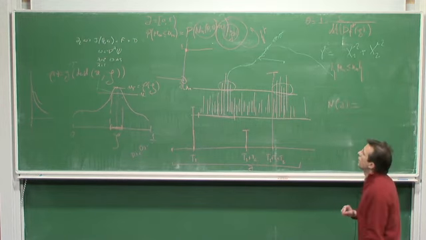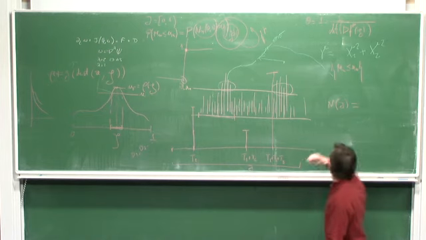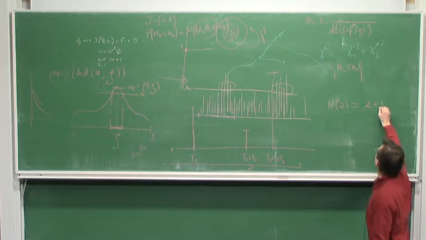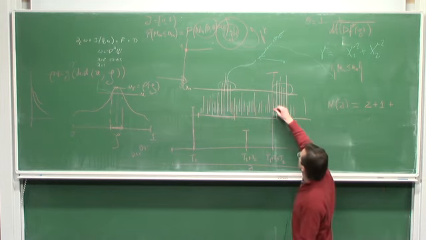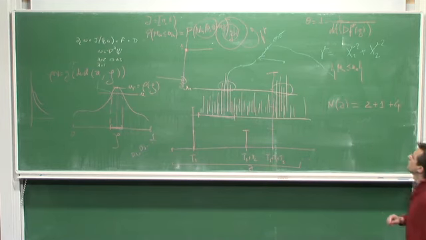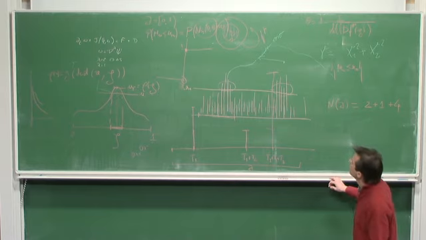N of j would be, well, there are 3 occurrences. The first one occurred with multiplicity 2, the second one with multiplicity 1, and the third one with multiplicity 1, so 1, 2, 3, 4. And that's how you create a compound Poisson process.